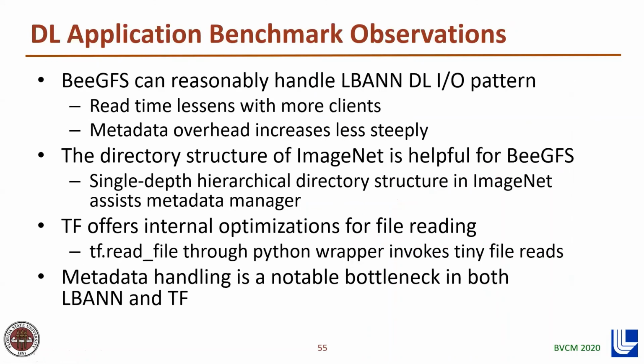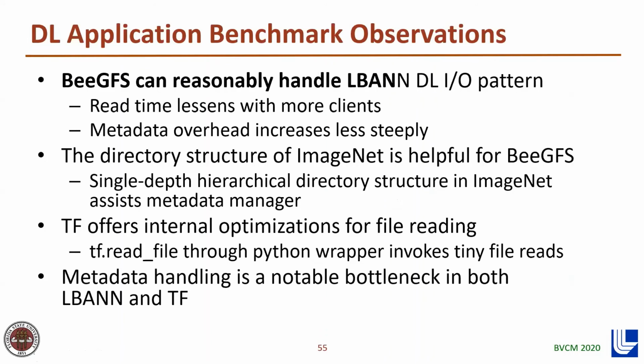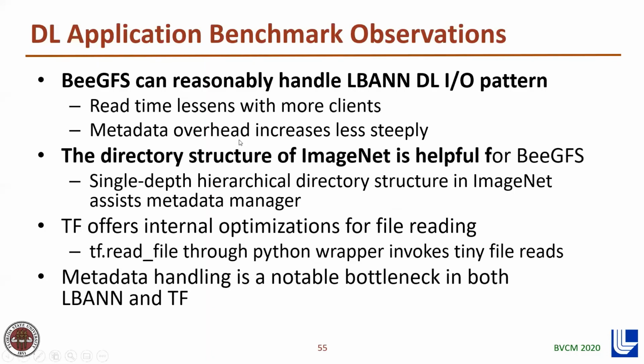So we enlisted the key observations we got from the deep learning application workload. We have seen that BeeGFS can reasonably handle the I/O pattern that is posed by LBANN, because the read time lessens with more clients, and the metadata overhead increases, but it increases less steeply.